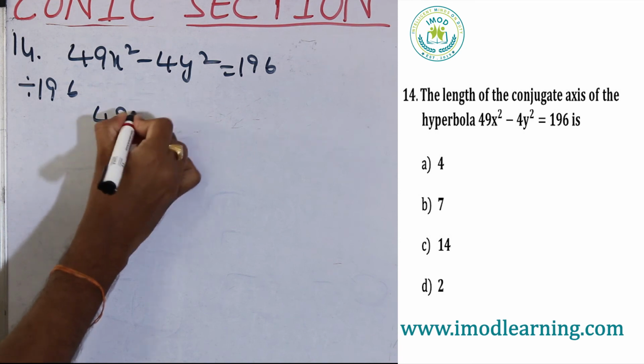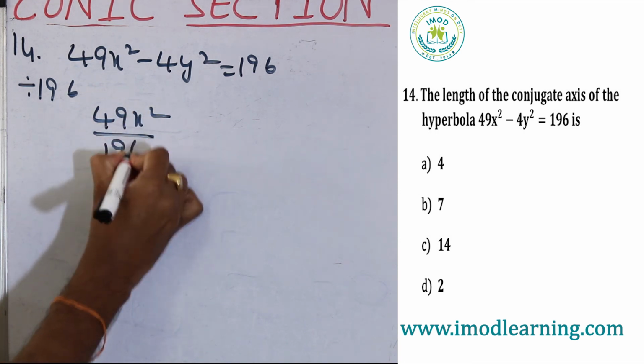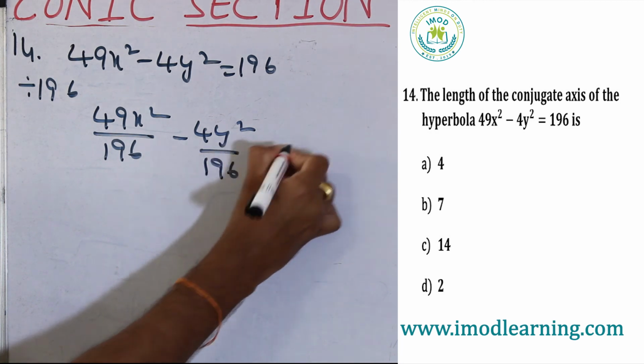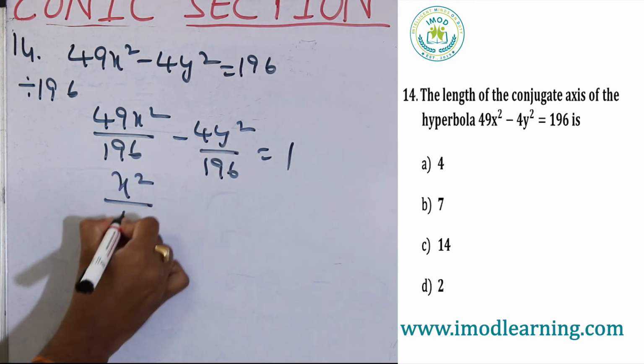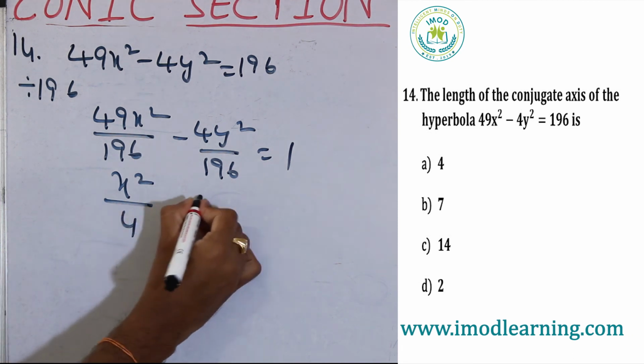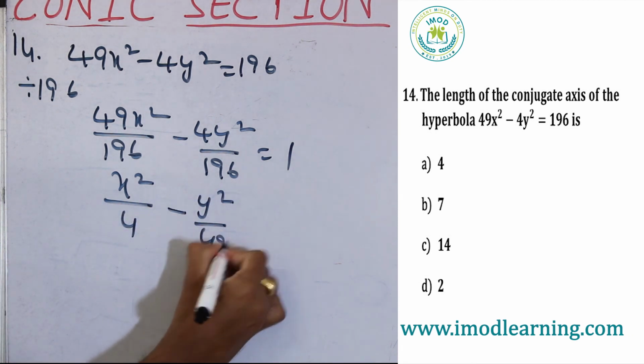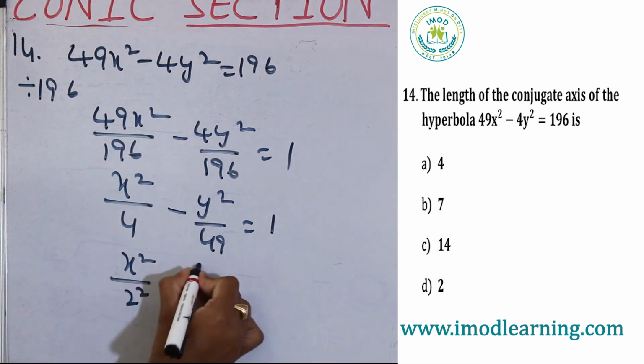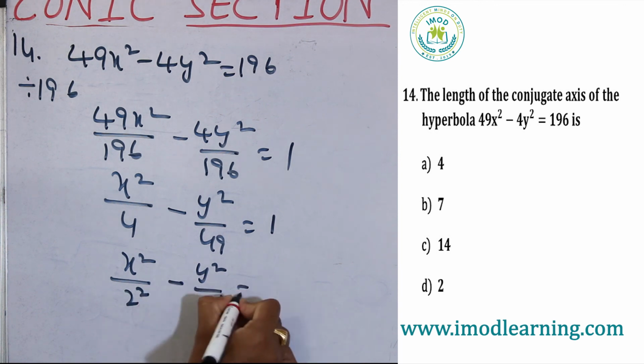So 49 x square divided by 196 minus 4y square divided by 196, which is equal to 1, or x square divided by 4 minus y square divided by 49, which is equal to 1, or x square divided by 2 square minus y square divided by 7 square, which is equal to 1.